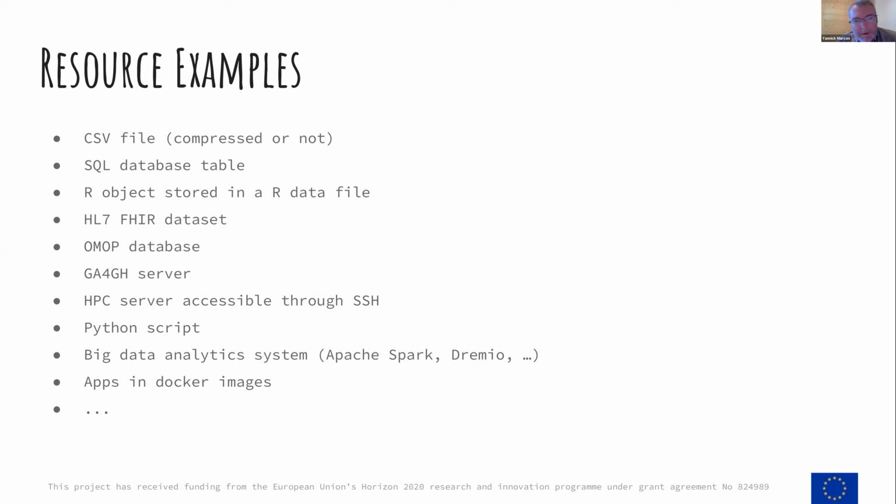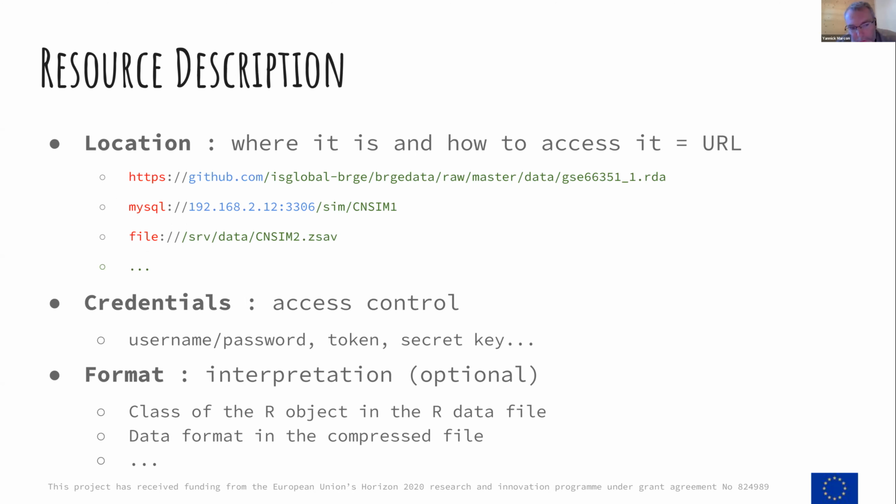So how do we describe a resource? We need three pieces of information. The first one is mandatory. It's the location of the resource, so where it is and how to access it. And this is a web standard. It's the URL that you use every day in your web browser. So it takes a protocol, HTTPS for instance, the host and the path to the data.